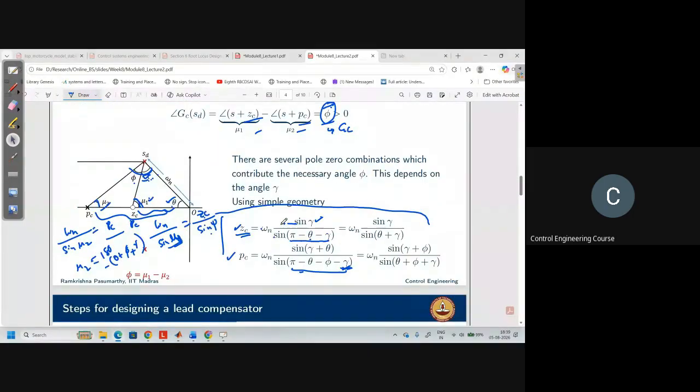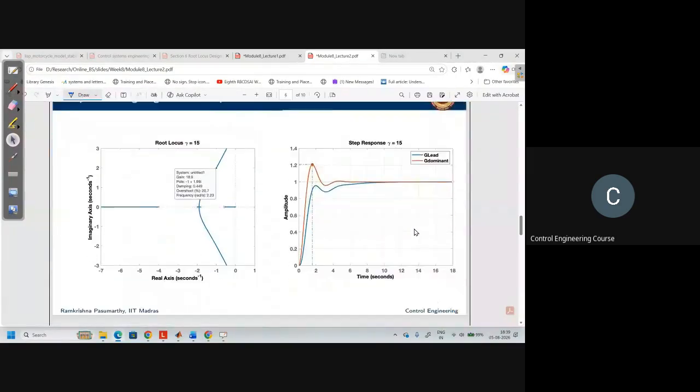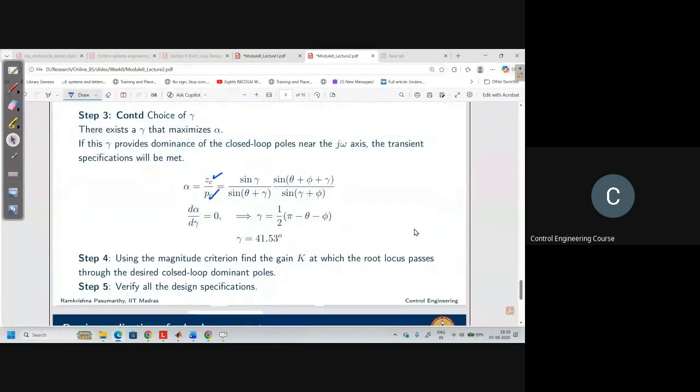So this is your expression for ZC and this is your expression for PC. Now you substitute those two in the alpha expression. Now differentiate this with respect to gamma and make it 0. So you will get at what value of gamma you will get maximum alpha.